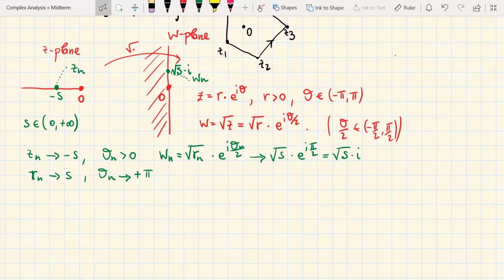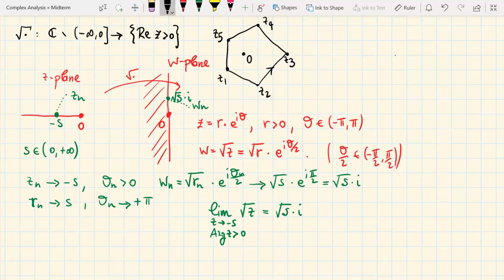And we can sum up this discussion by saying that the limit as z tends to minus s with the argument of z positive of square root of z is equal to square root of s times I.